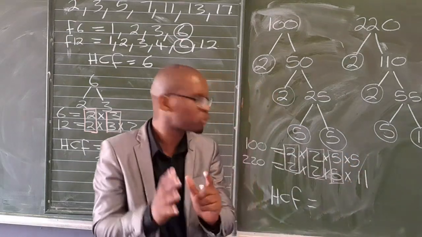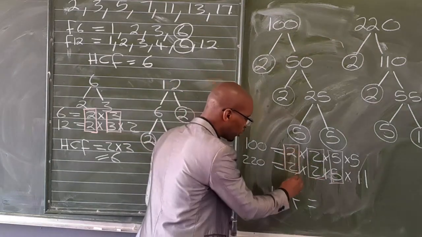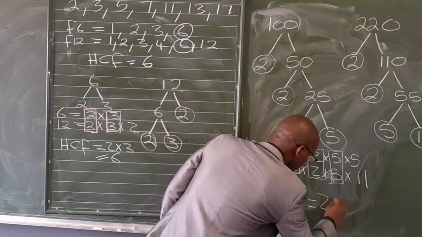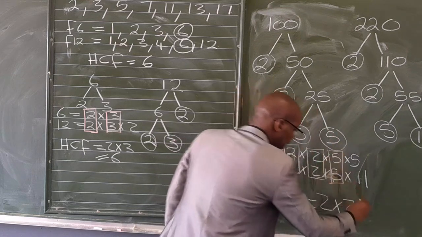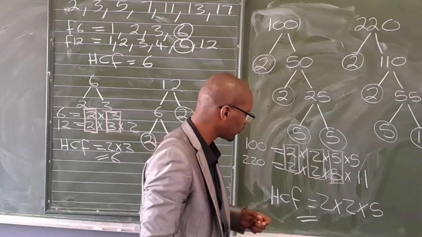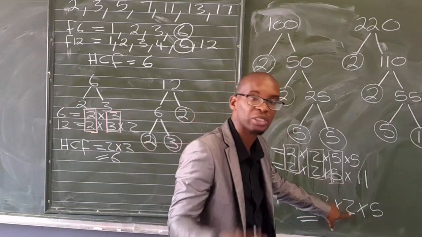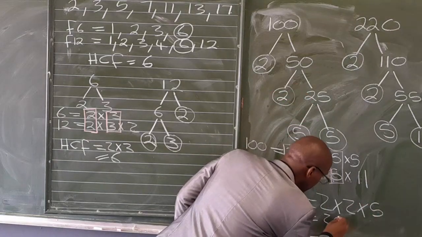So I'm only going to use the numbers that I have paired up. Now I can write them as 2 multiplied by 2 multiplied by 5. So my HCF would be 2 multiplied by 2 is 4, and 4 multiplied by 5 is 20.